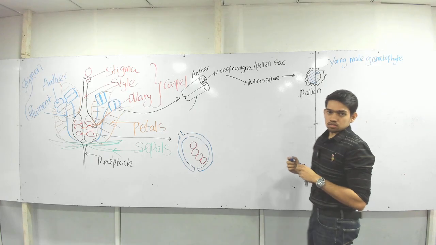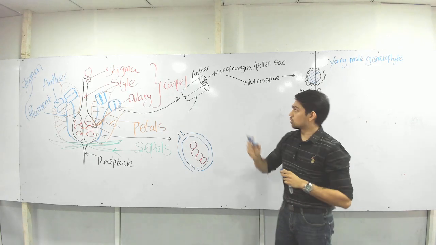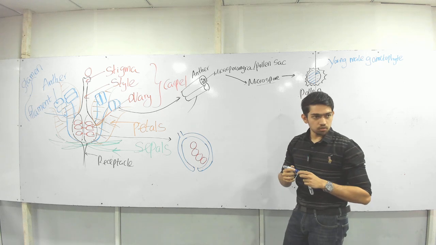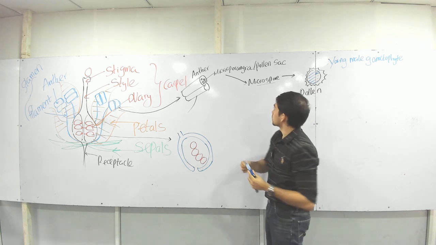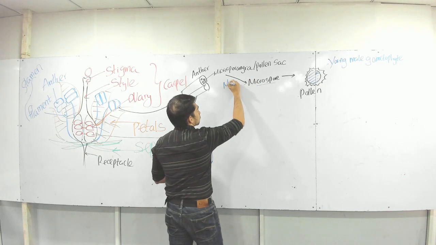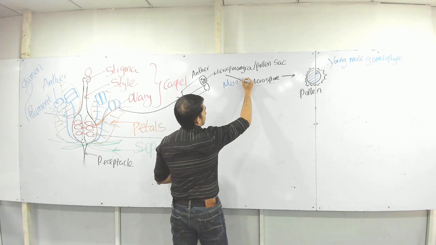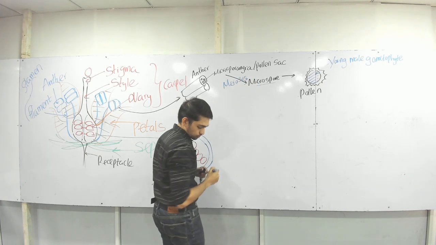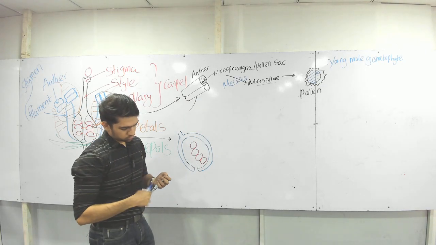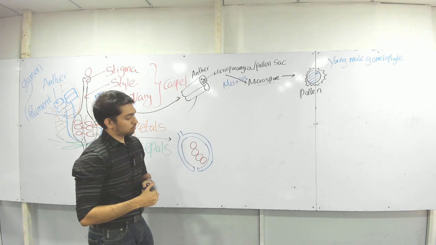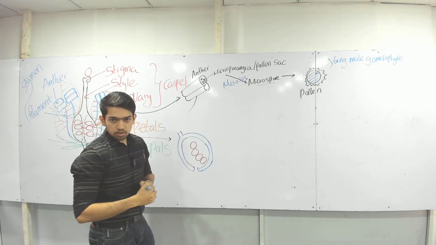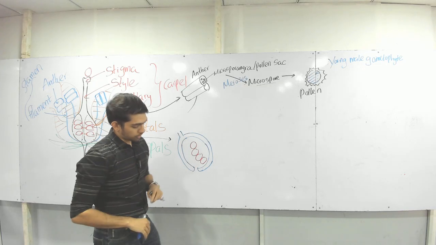It contains a young male gametophyte, not a microspore actually. And what is the cell division happening here, microsporangia to microspore? Meiosis. Right. Okay. Let's take the story there.